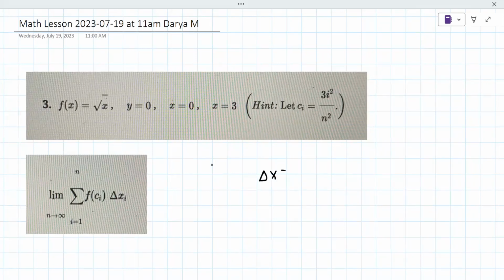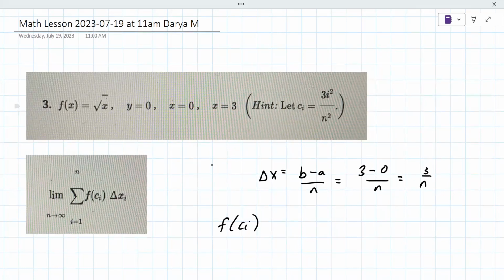So if we go from here, your delta x is b minus a over n, which is 3 minus 0 over n, 3 over n, like that. And then the f of ci, and they're telling you what ci is.